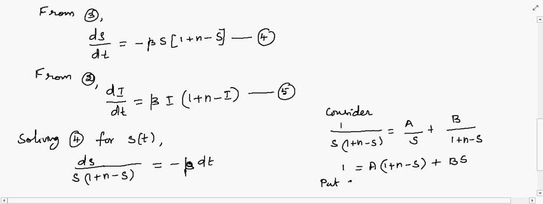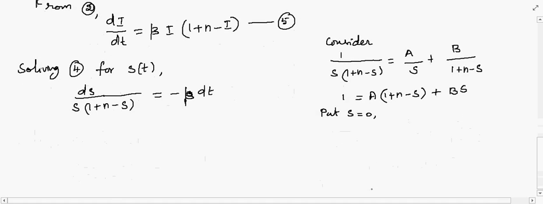Now I will put s is equal to 0. Then from this equation I will get 1 is equal to a into 1 plus n, which implies that a equal to 1 by 1 plus n.